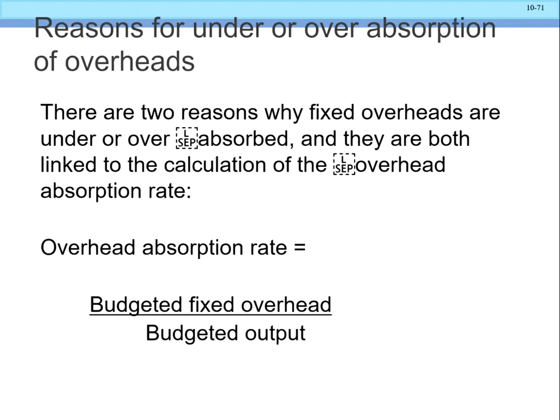So we have already said there are two reasons why fixed overheads are under or over absorbed, and the reason comes from the formula.